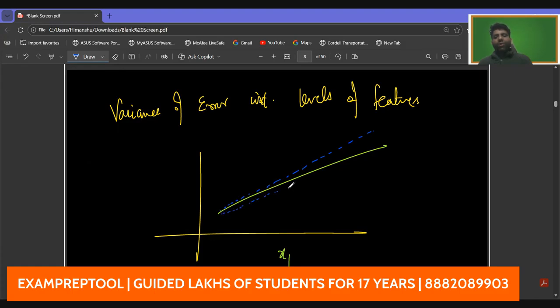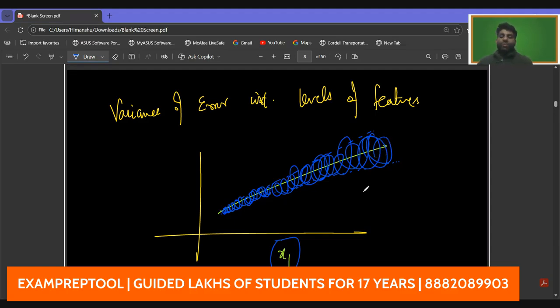This is the overall variation of the error I'm showing you. So can you see that as my x1 value was lesser, I was getting error within this particular area only. As I'm increasing my x1 value, the overall variation within my error is increasing. Error would be how far I am from my actual values.